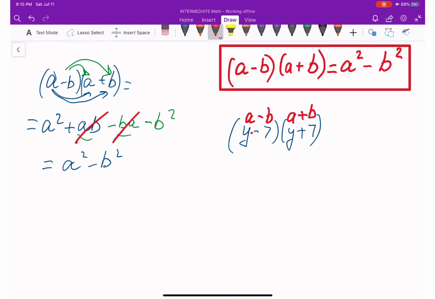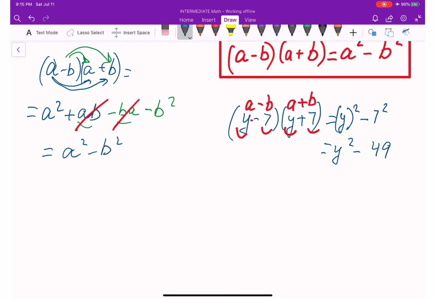If you recognize these 2 terms are the same, Y and 7, with a different sign, in one case it's subtraction, in another case addition, and that is equal to A squared, so A we have Y, so it's going to be Y squared, and then minus 7 squared, because B is our 7. So that's equal to Y squared minus 49.